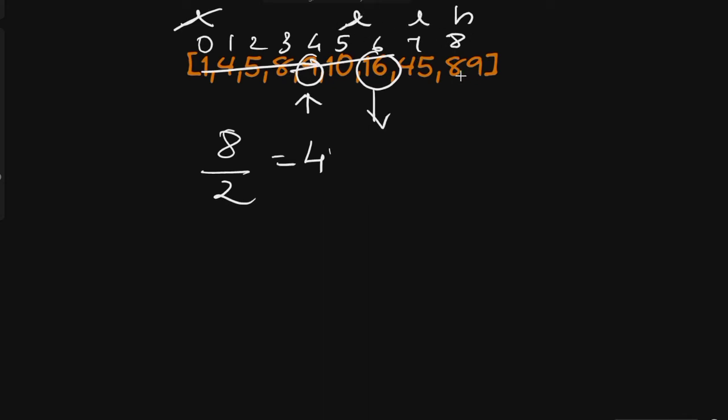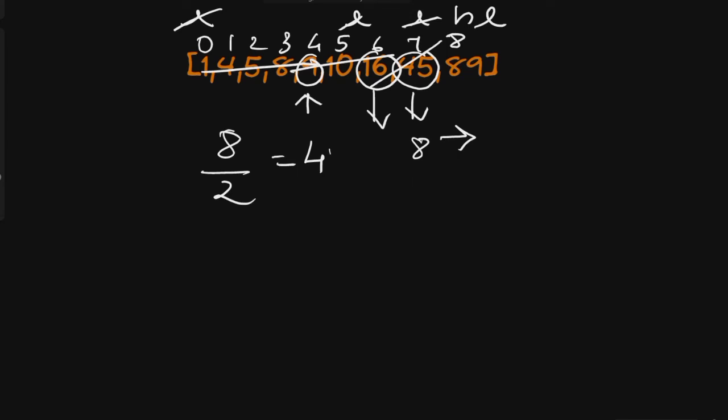Here 7 plus 8 is 15, and 15 divided by 2 gives 7. We check for this, remove this, and L becomes mid plus 1. Now 8 plus 8 is 16, 16 divided by 2 gives 8, and I have to check for 8, and this should return.